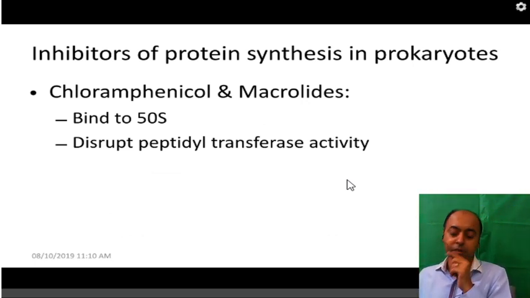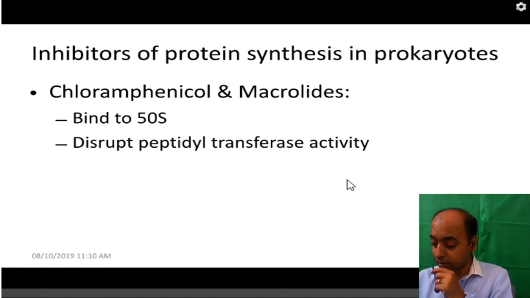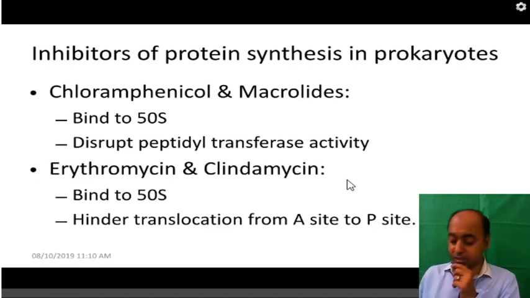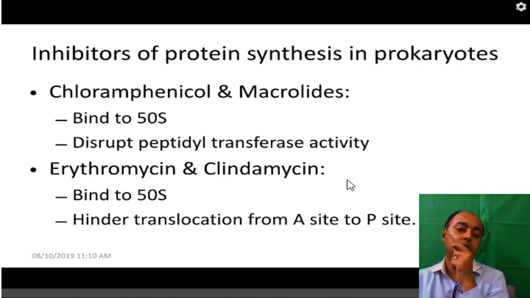Last but not the least, erythromycin and clindamycin bind to the 50S and they hinder translocation from the A site to the E site. Okay, so this is about the mode of action of various inhibitors which are acting on translation in the prokaryotes and in the eukaryotes.